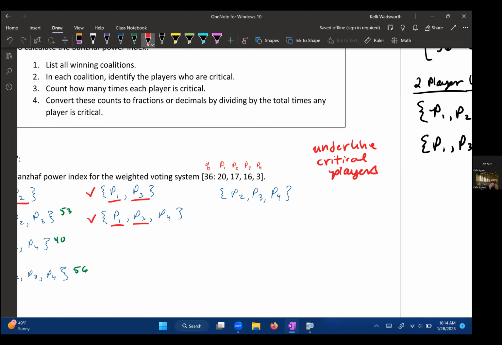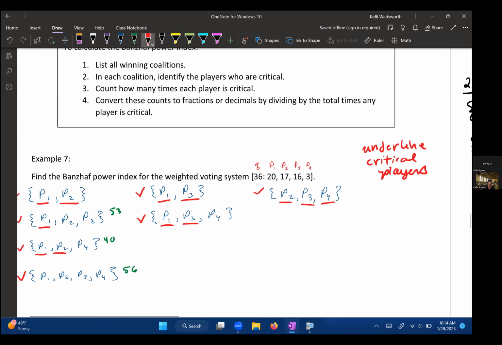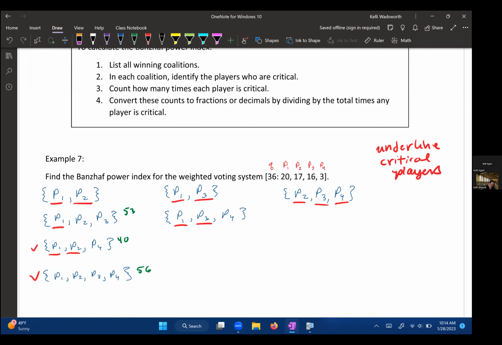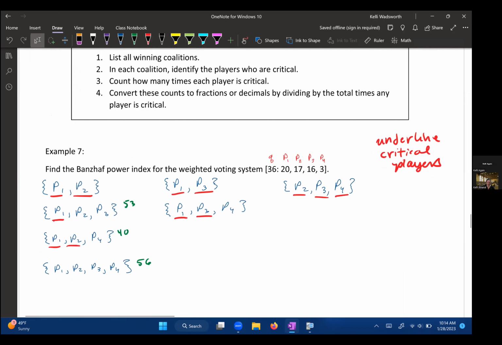So they are all critical in that coalition. All right, so that's the first step. I'm going to erase my check marks because we don't need them anymore. All right, so we have listed all winning coalitions, and we have identified the players who are critical in those coalitions. Okay. Now what do we do?